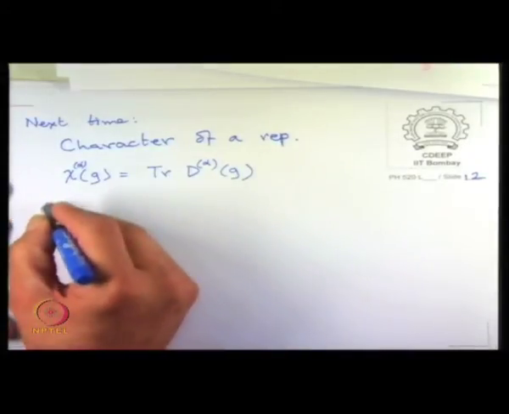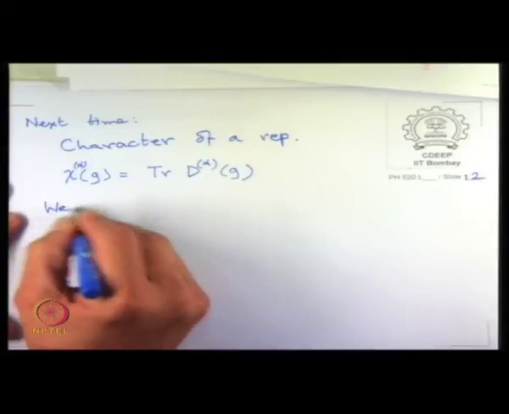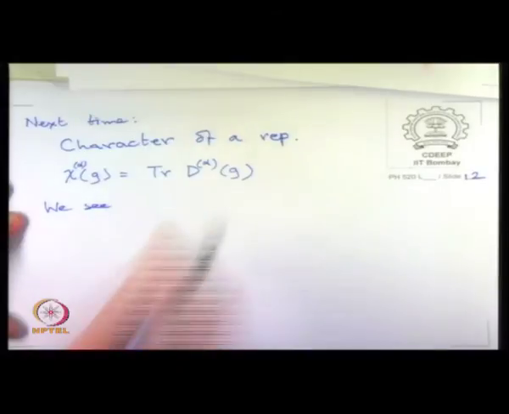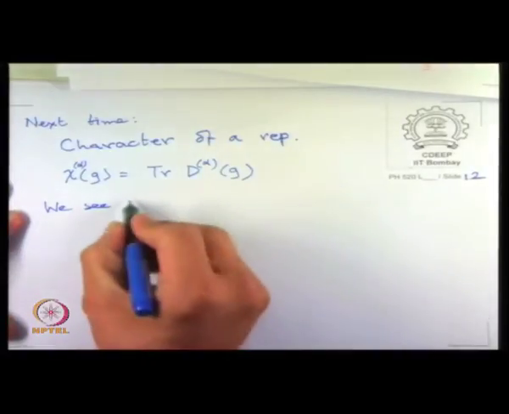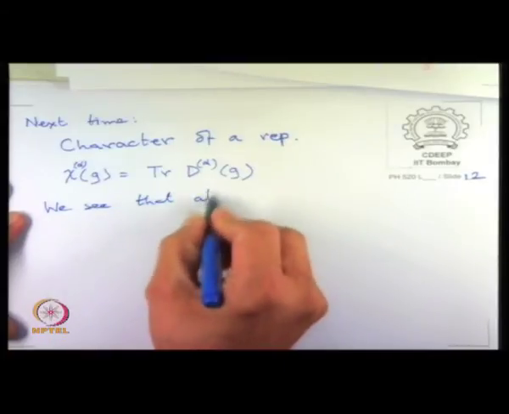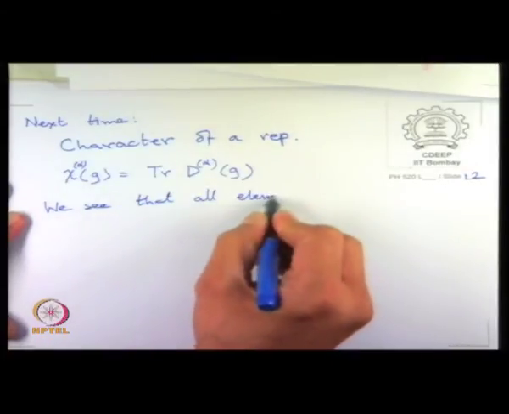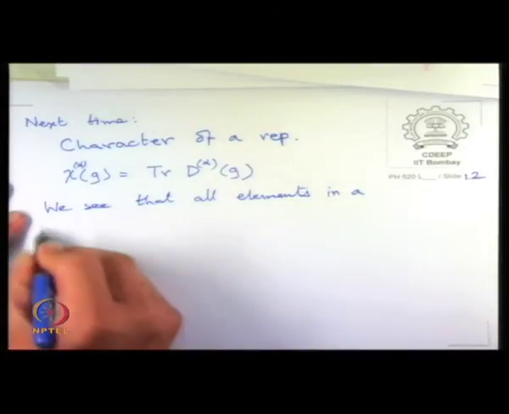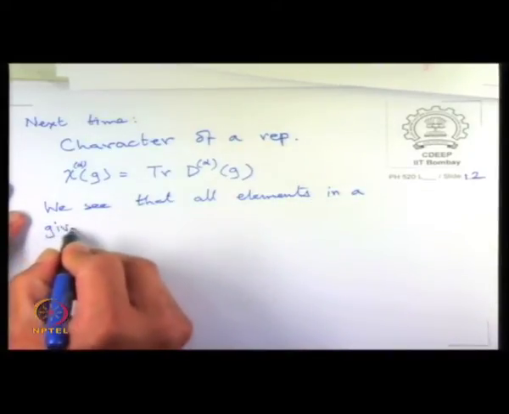And one thing we can immediately see is that all elements in a given conjugacy class will have the same character.